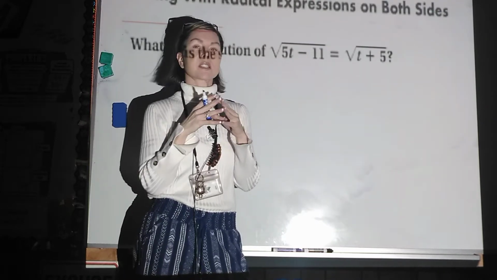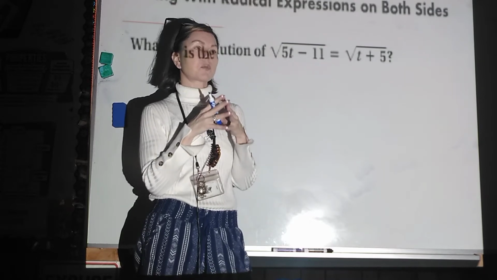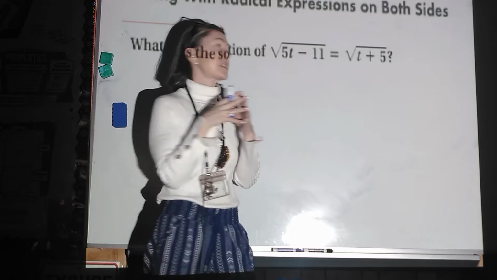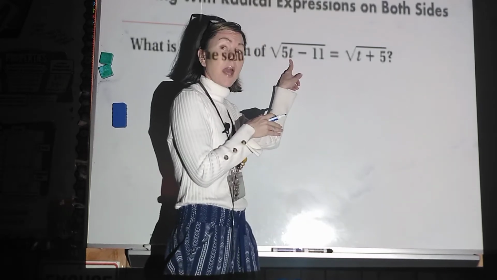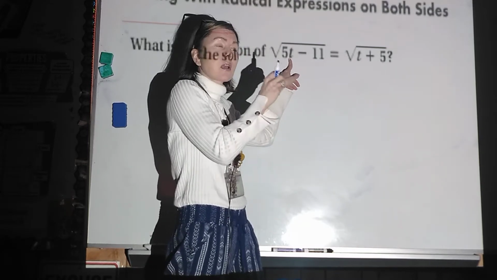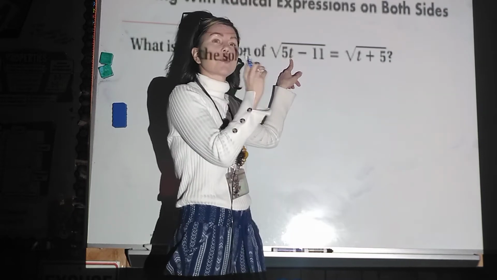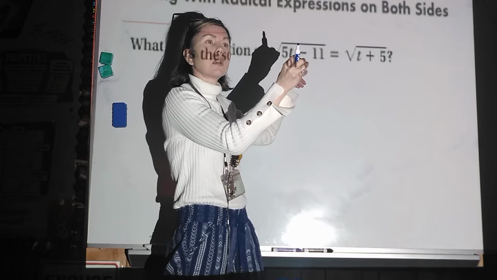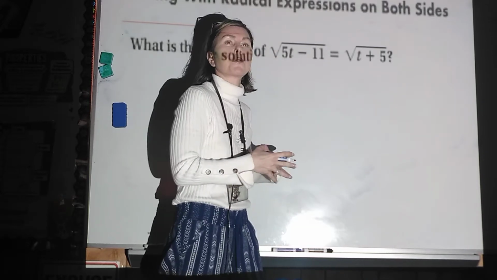Our first step is we need to get rid of the radical because we need to solve for the variable that is inside of the radical. We can't get to this variable. We can't get to it unless we get rid of the radical first, okay?